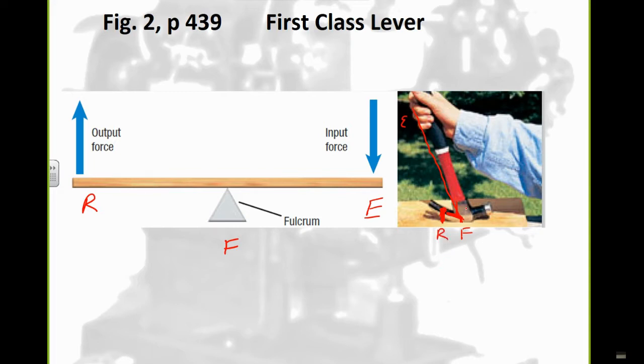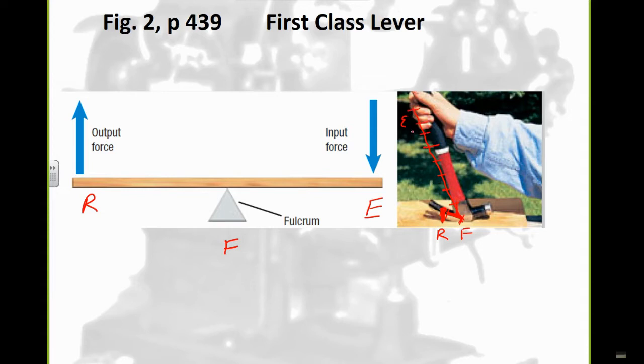Now, if you want to see how much of a mechanical advantage this has, then you would want to look at the distance that you have here, and compare that to the distance that you have over here. So how many of these are actually present in the effort arm?